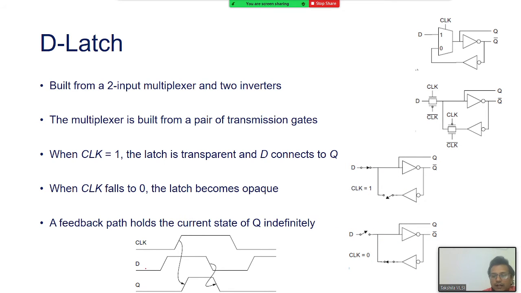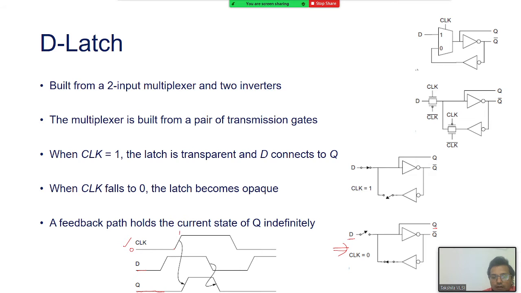What about the timing diagram? Let's say you have a clock. This is logic level 0. This is logic level 1. When the clock is 0, look at this diagram, the data D cannot connect to output Q. So what we see is that D is 0 and Q was in its previous state, no matter.